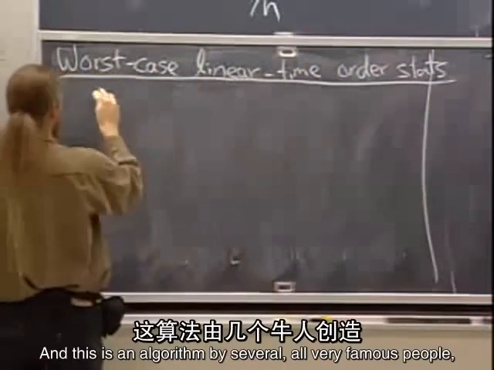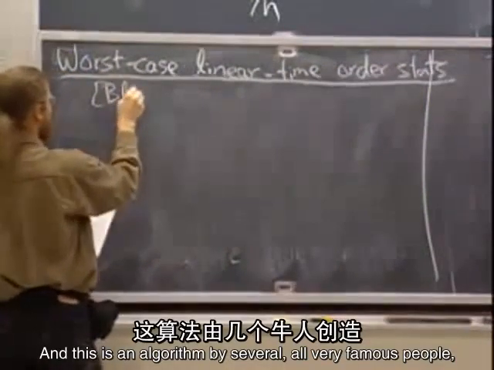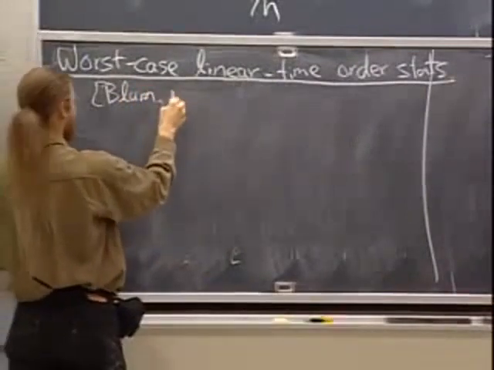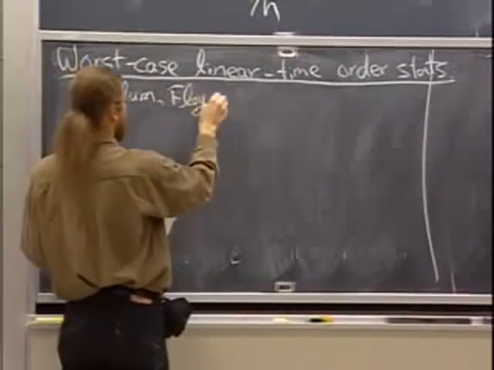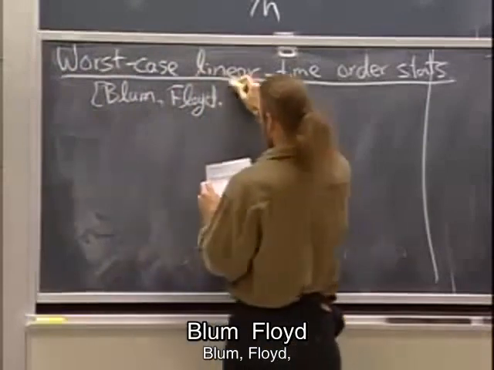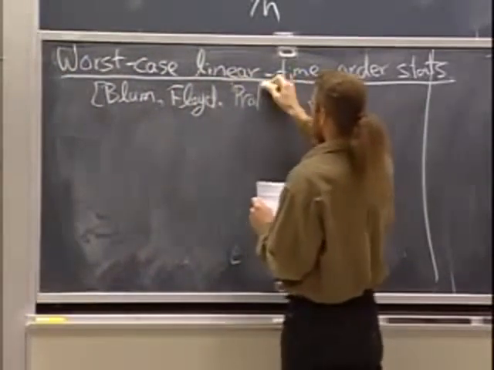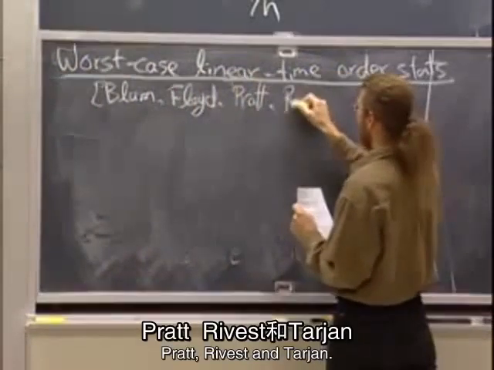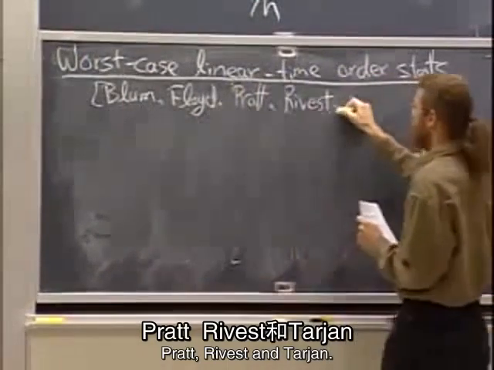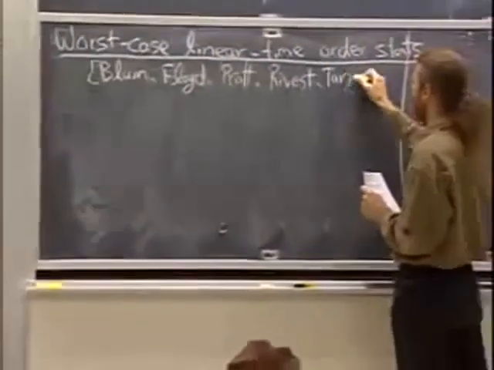And this is an algorithm by several, all very famous people. Manuel Blum, Floyd, Pratt, Ron Rivest, Bob Tarjan.